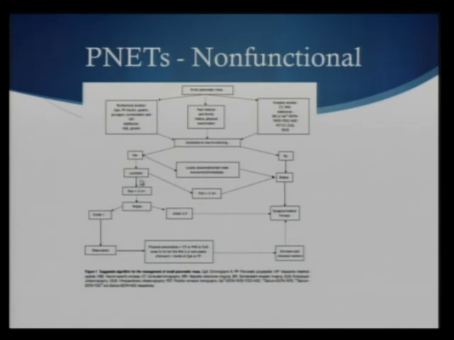If it's less than 2 centimeters in size, the grade, based on the WHO recommendation, is based on mitosis per high power field as well as the Ki-67. And so for grade 1 disease, you can observe versus grade 2 and 3, you have to proceed with resection.